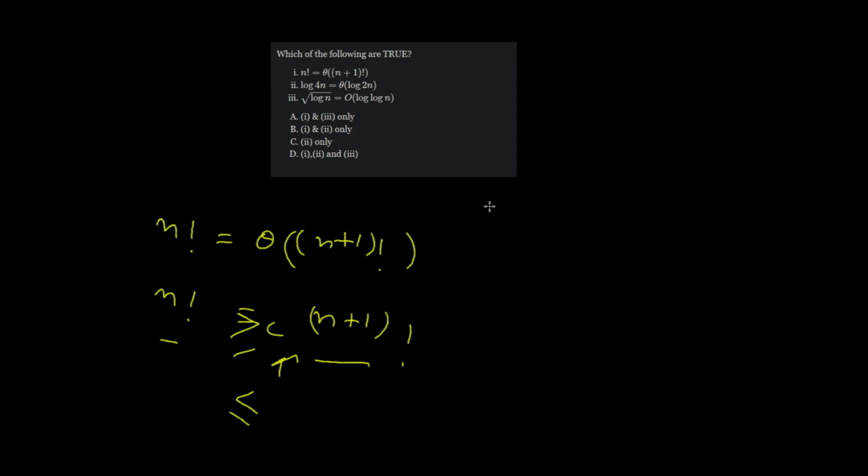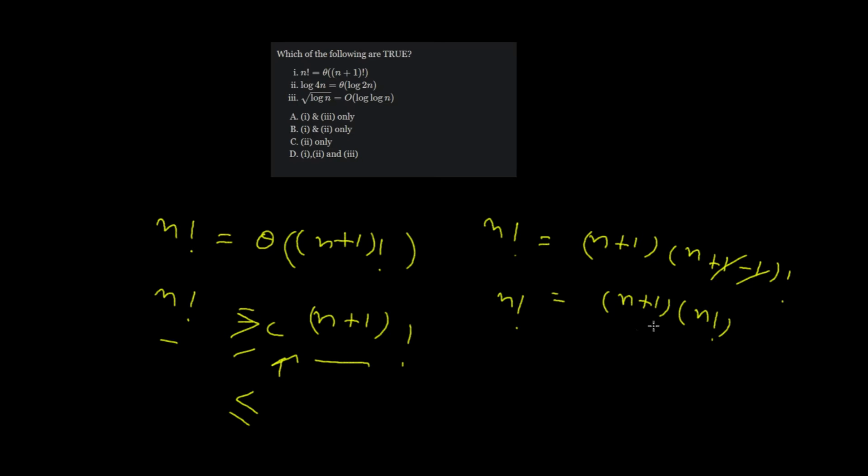(n plus 1) factorial equals (n plus 1) times n factorial, so this term will be cut and we are left with n factorial. So (n plus 1) into n factorial. If we somehow use this as a constant, then we'd be able to equate the two and get the theta notation.